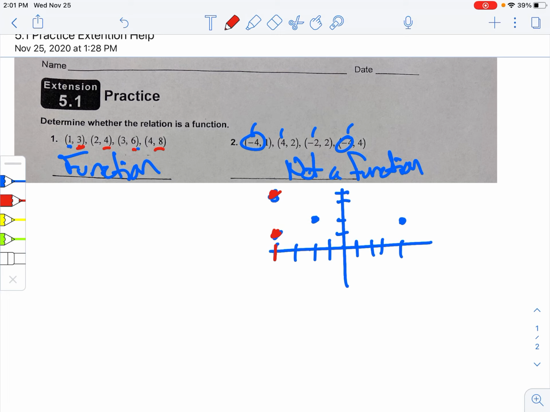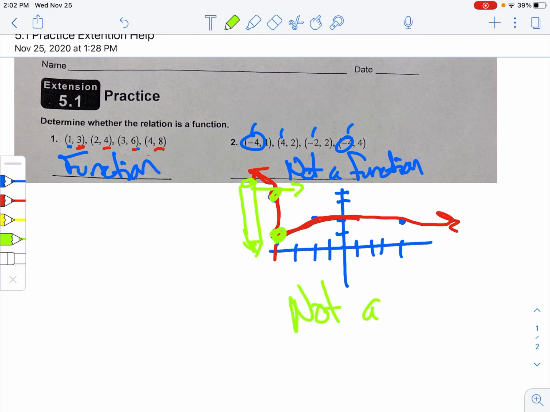If we were somehow to connect all these points, if they did all connect, and say we just had this graph that looked kind of funky like this, then we would use what's called, maybe you guys have talked about it before, the pencil test. So you take your pencil and you move it across this graph, all the way across, and if there's any points where your pencil hits 2 points on the graph, like it would right here, then we can see and know that is not a function.